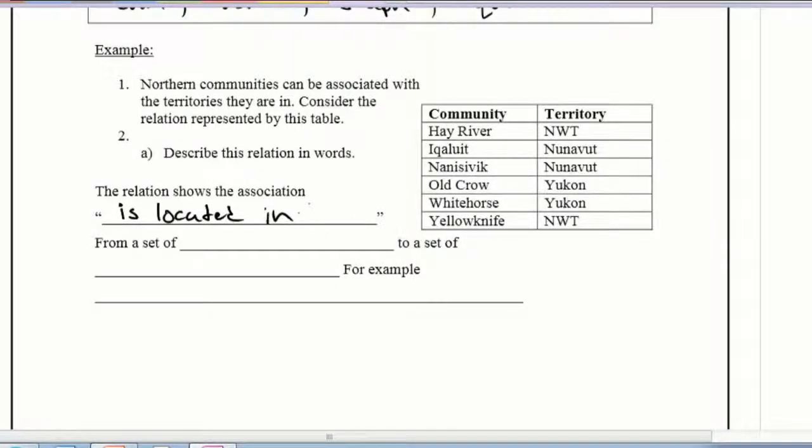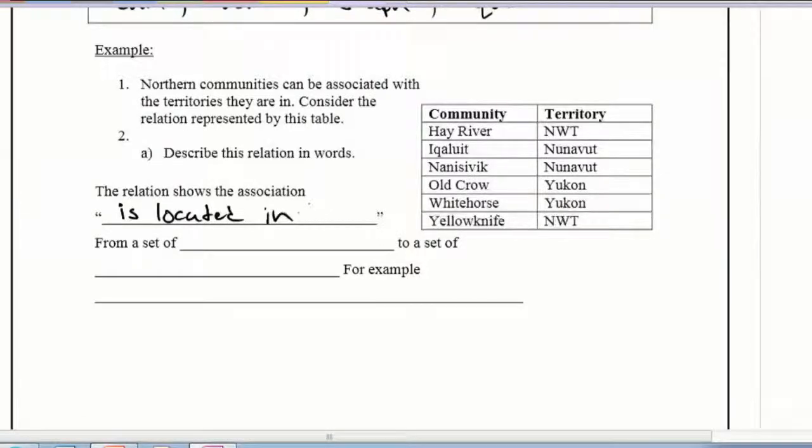So if I think about the community, I could say Hay River is located in Northwest Territories. I could say Iqaluit is located in Nunavut.